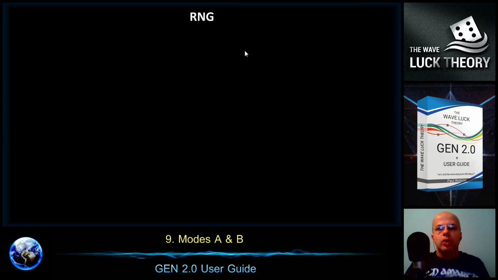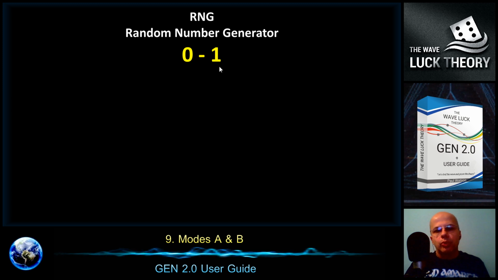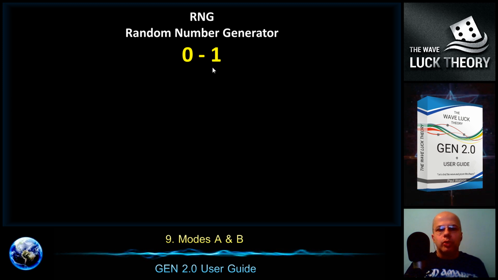Now let's talk about the RNG, which is the shortcut for the random number generator, and this is actually the heart and core of the Gene software, and every random generator is generating numbers in range from 0 to 1, like 0.5, 0.9, 0.1, and so on.